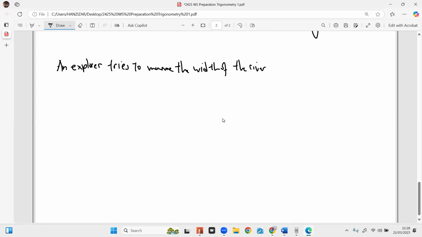Without crossing the river, he or she can measure the width of the river by using only his steps, a distance, and angles, and a protractor.